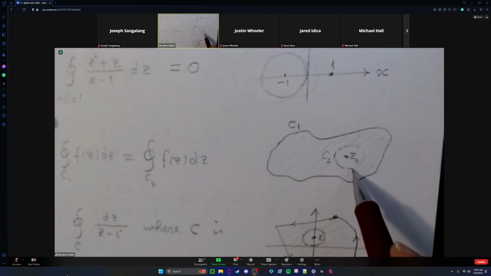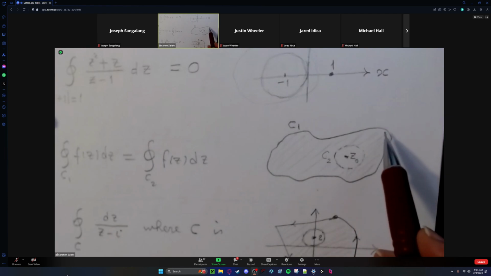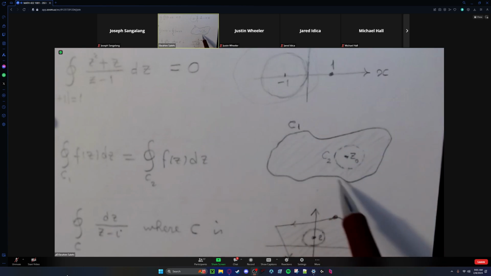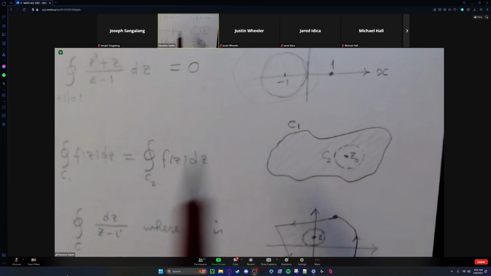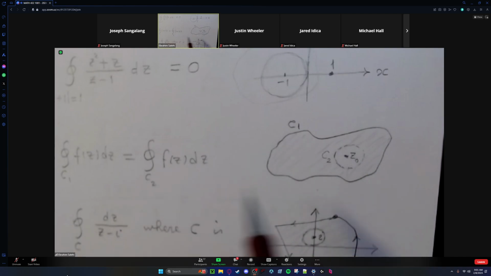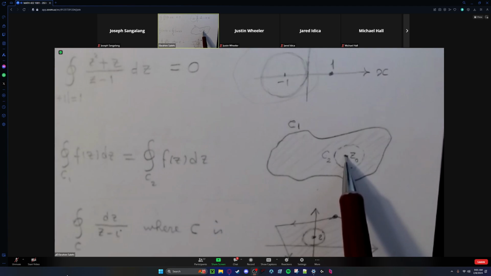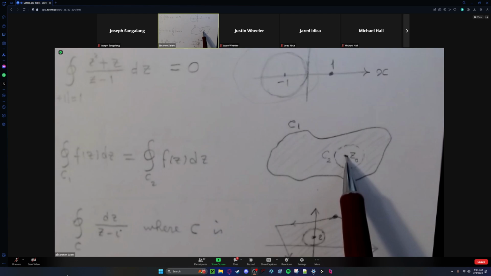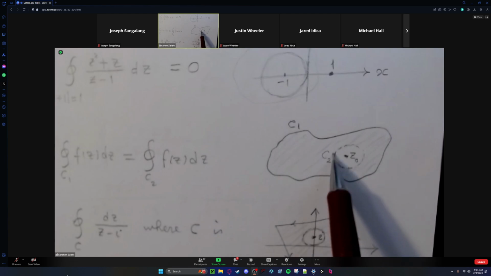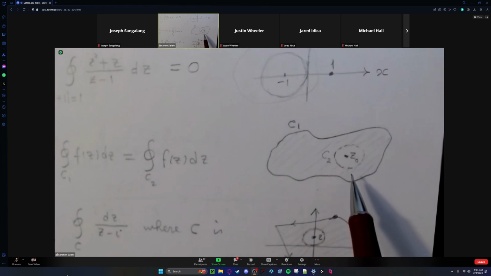So the integral over outer boundary will be the same as integral over inner boundary. This is what we need. So if you have a bad point inside, the integral over outer boundary will be the same as integral over inner boundary. Okay, how do we use this?